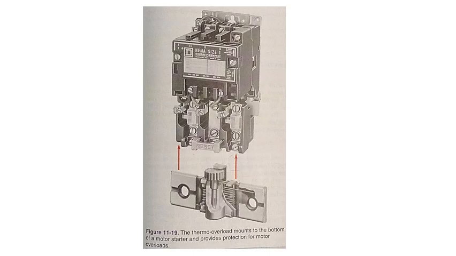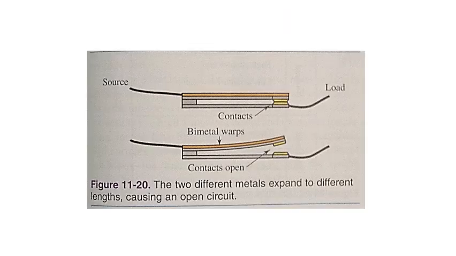When the current reaches a set level, the bimetallic strip bends far enough that the contacts separate, opening the circuit. Because each of the two metals expands at a different rate, the bimetallic strip bends. Once the bimetallic strip cools, it returns to its original shape and closes the contact once more. For this, see figure 11-20.